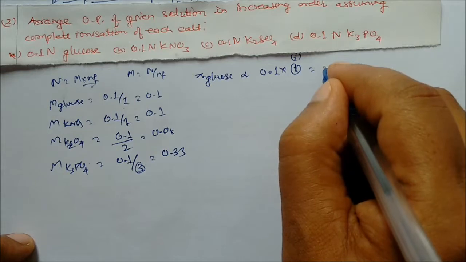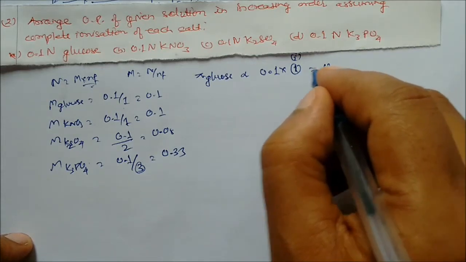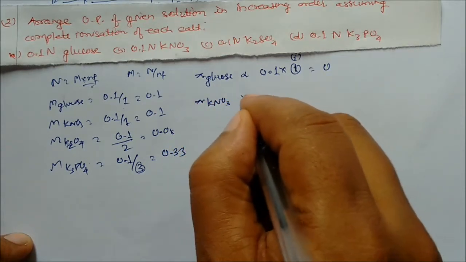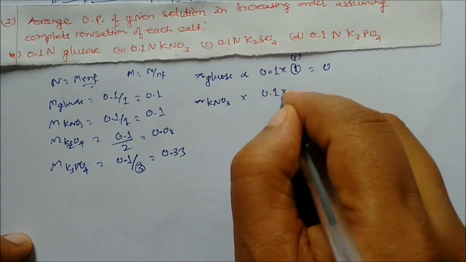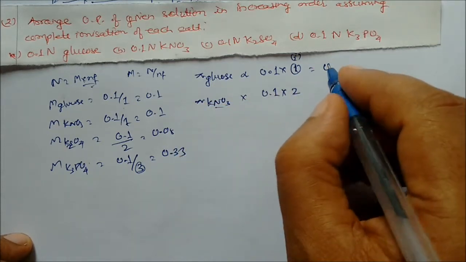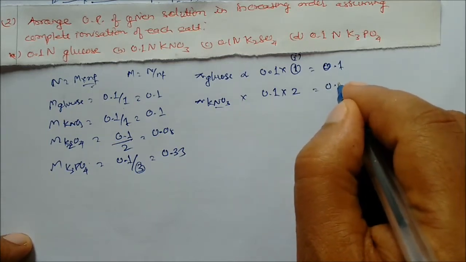For potassium nitrate, it is 0.1 multiplied by i, which is 2, so the answer will be 0.2.